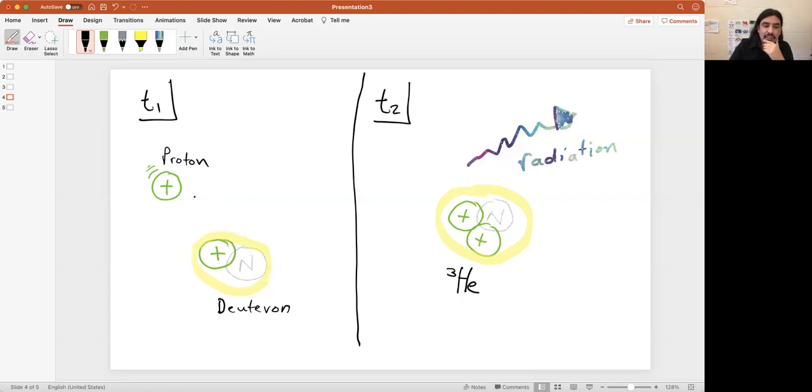And what happens then is that the mass of the proton and the mass of the deuteron, let's say that this was a mass of 1, this is a mass of 1, and this is a mass of 0.9999. If we added them all together, we would think that we would have a mass of 2.9999. But it turns out that if we look at the helium nuclei and weigh it, it doesn't weigh 2.9999.